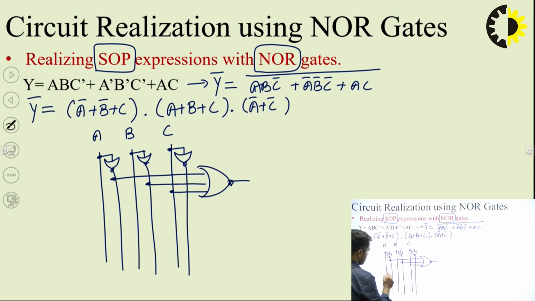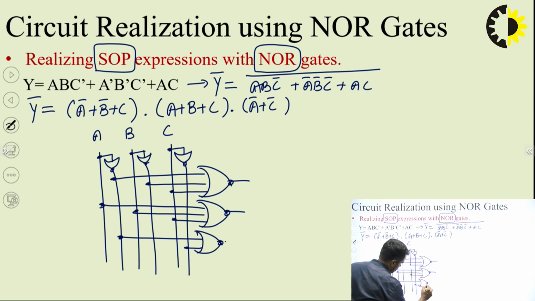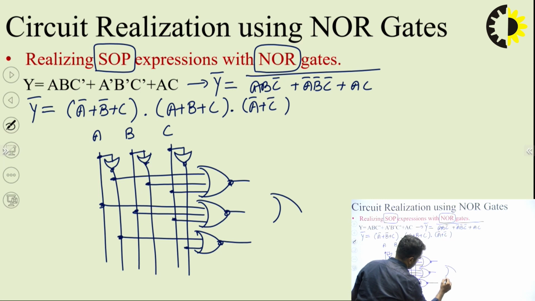Second one is A, B, C, this is A, this is B, this is C, another NOR. Then A complement plus C complement, this is A complement, this is C complement, another NOR, and all NORs multiplied using another NOR.